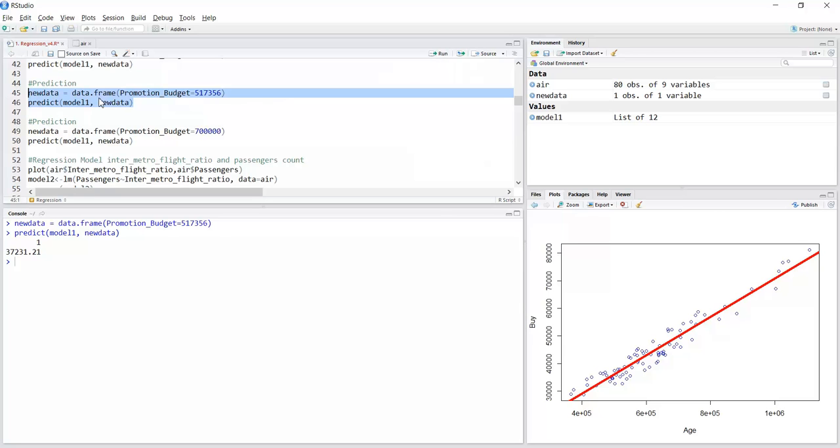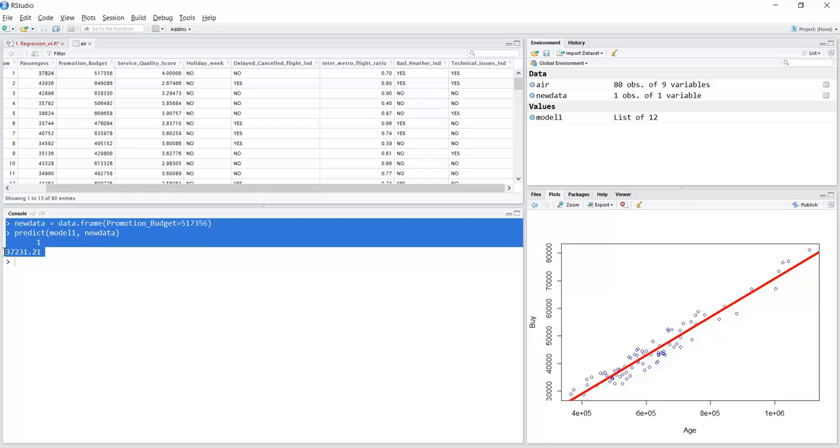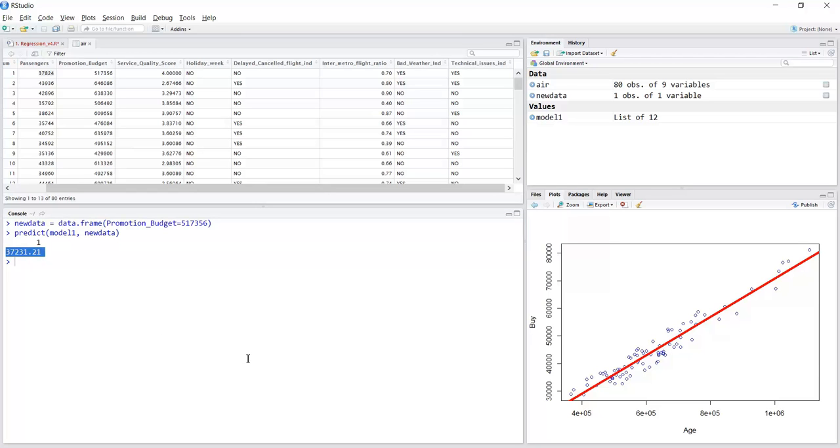For the data that we already know, I am still estimating it. I found 37,031 is the estimated value, whereas the actual value is 37,824. This looks like a fairly good estimate, in and around the same. So this is the actual value, this is the predicted value. There is some error we have made here. It's not really a large value, but still there is some error.